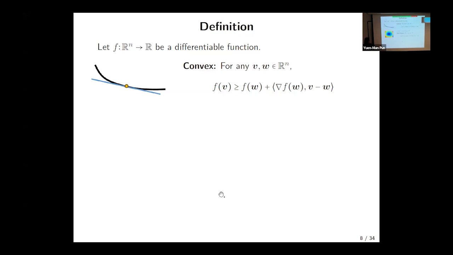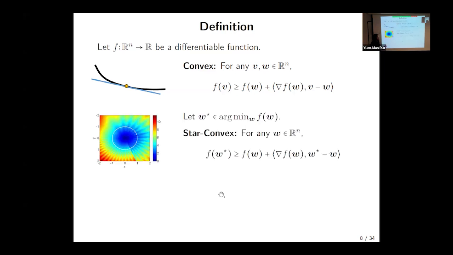And now we talk about star convexity. Let w star be a minimizer of f of w. Then we can replace this v, any v, by a fixed w star, a fixed minimizer. So of course, we also have to replace that v with this w star here.